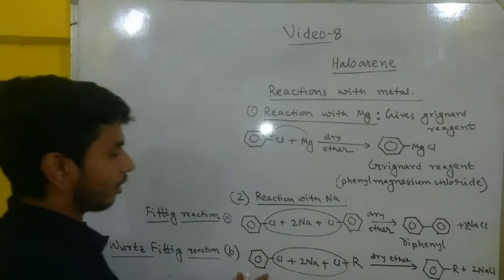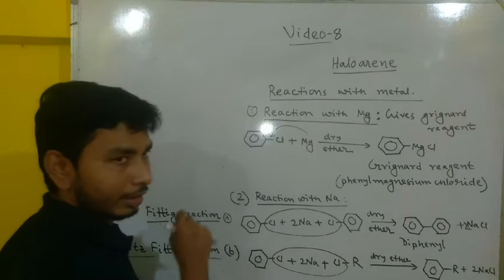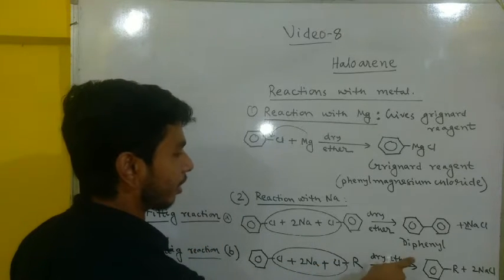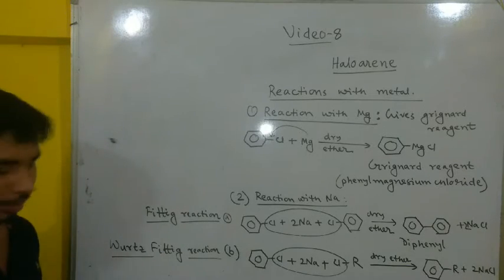So chlorobenzene on reaction with alkyl chloride and metallic sodium in presence of dry ether gives alkyl benzene. This reaction is called the Wurtz-Fittig reaction.